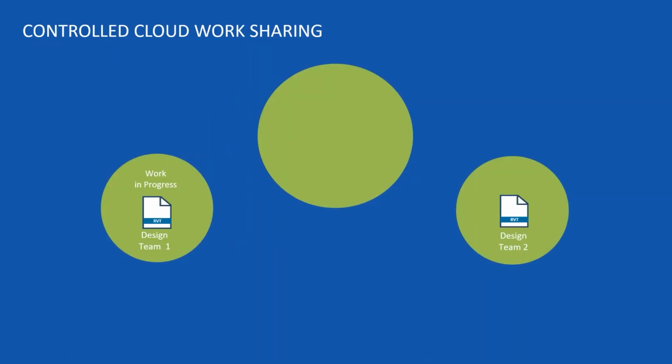In addition, the design collaboration module allows the enhancement of cloud worksharing. This module will give teams the ability to create work-in-progress models before saving to the team space, enabling greater control over their design space before contributing to the shared team project.